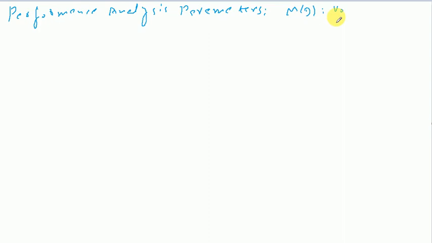Now if you want to calculate some basic performance analysis parameters, these parameters basically do the same job in rectifier circuits that the conversion ratio M(t), Vs by V naught, or V in by V naught, did in the case of DC-DC converter circuits. That equation used to tell us the value of the conversion ratio, that is, how much of the source power is available and how much has been delivered to the load.